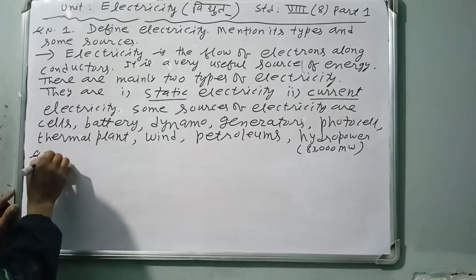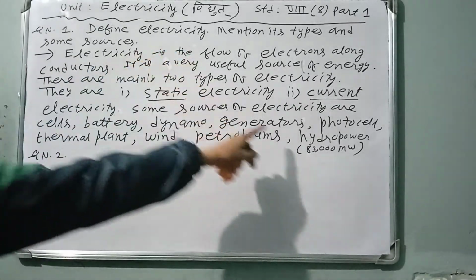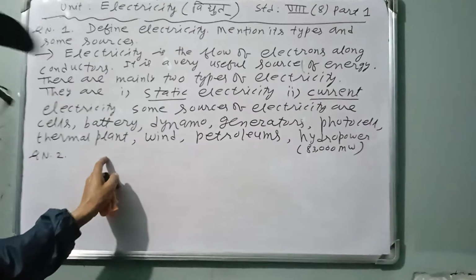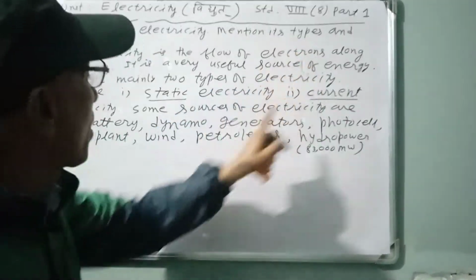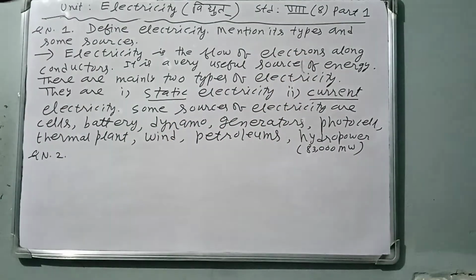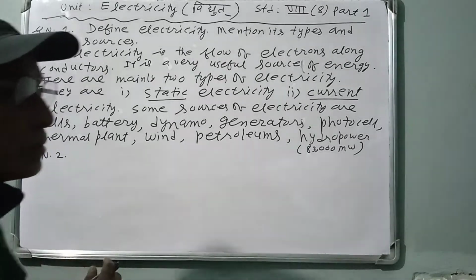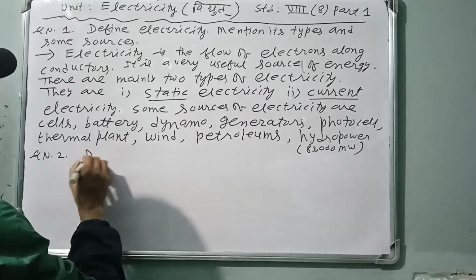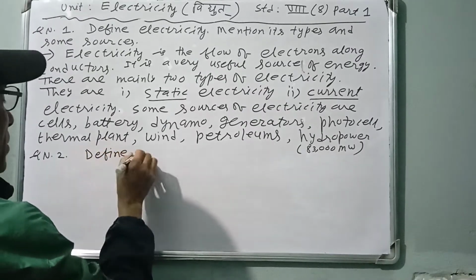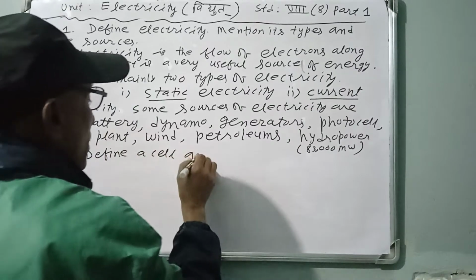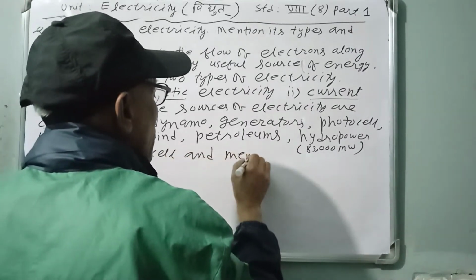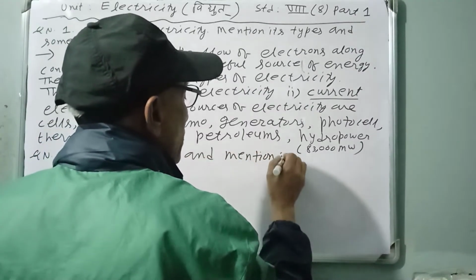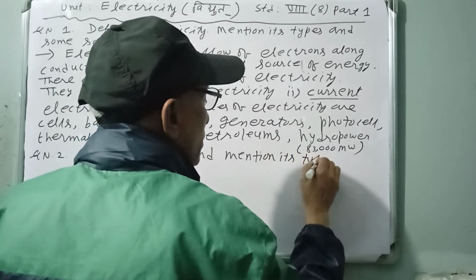Question number 2. In class 8 especially, the cell is the main source of electricity. So I'm going to write down the definition of what is a cell and what is a battery. Define a cell and mention its types.